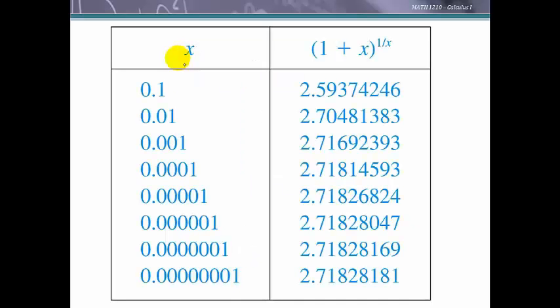So here is our table of values, and we see as x gets closer and closer to 0, and we compute this function here, we get a number that gets closer and closer to e, and in fact this last one here is correct to 7 decimal places for our number e.